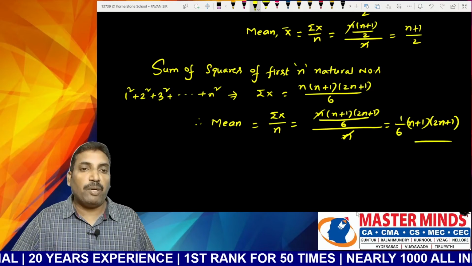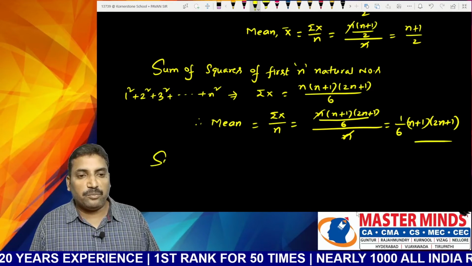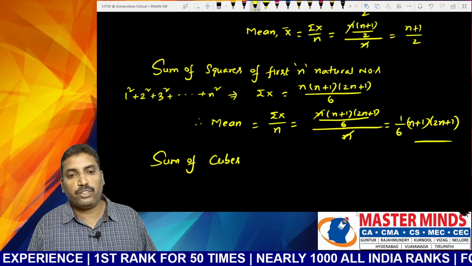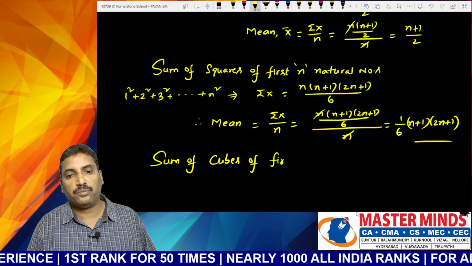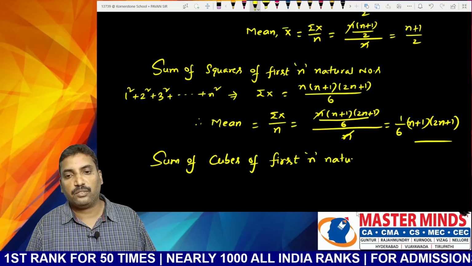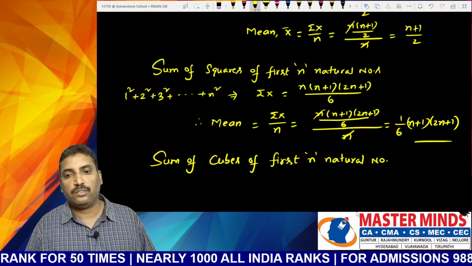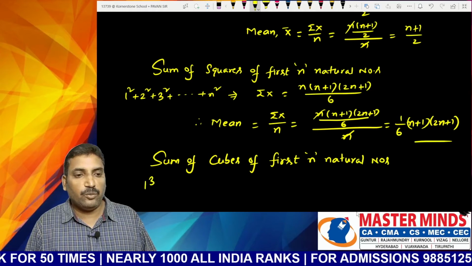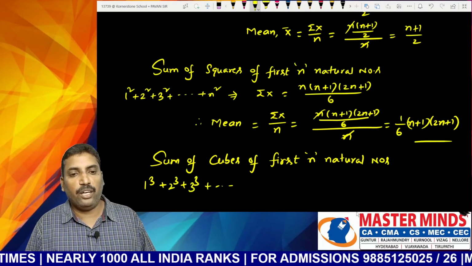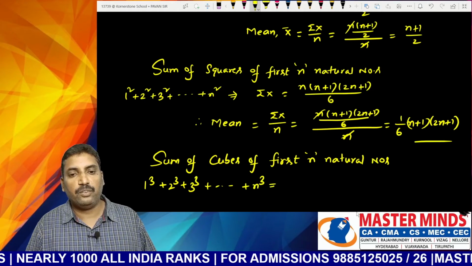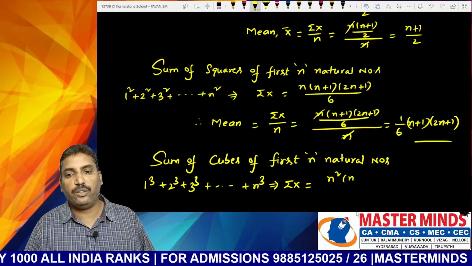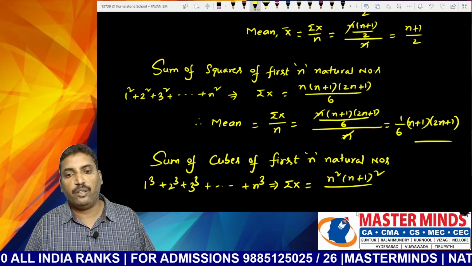Similarly, the sum of the cubes of the first n natural numbers, that is 1 cube plus 2 cube plus 3 cube, and so on up to n cube. That summation of x we can write as n square into (n plus 1) whole square by 4.